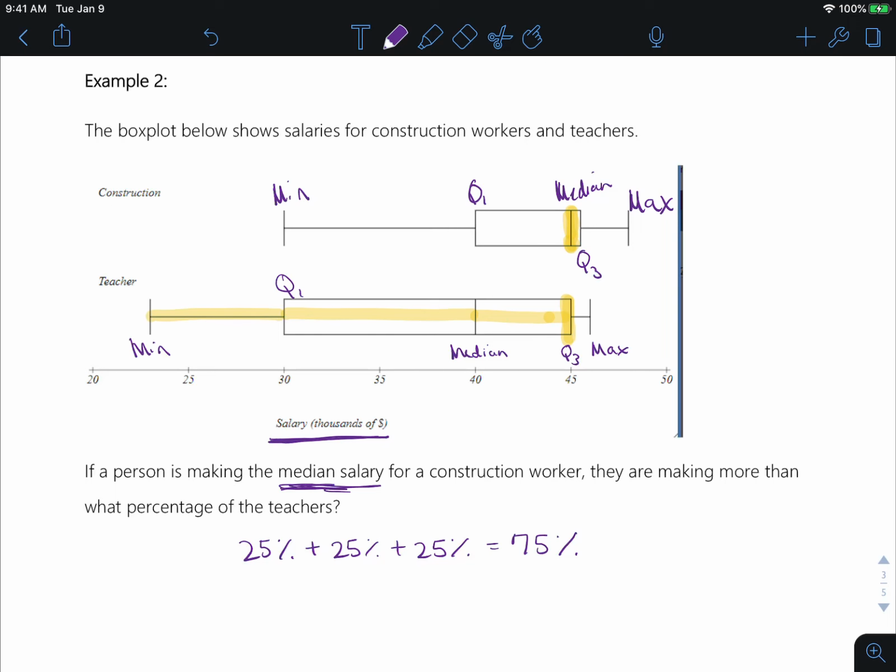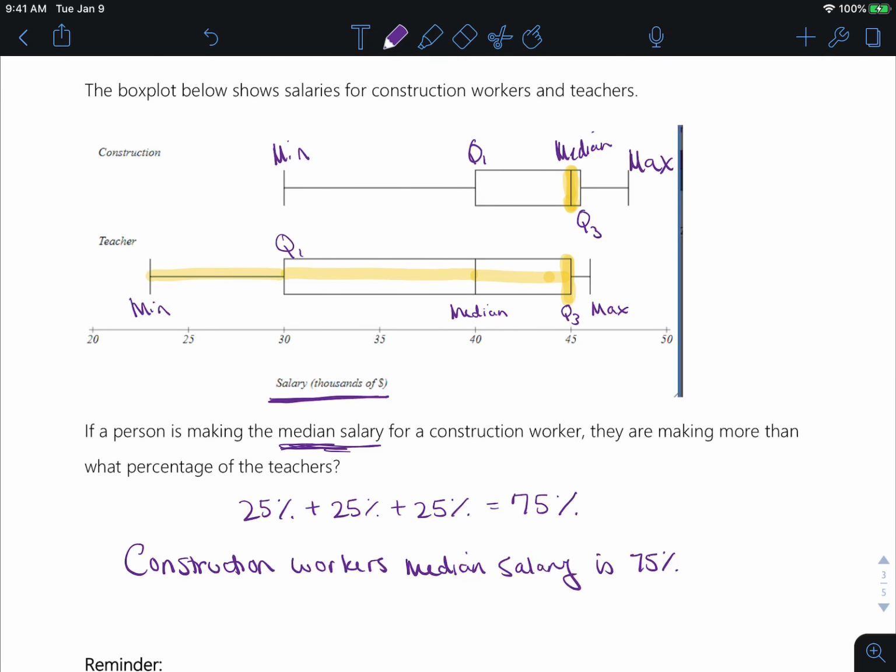So the construction worker's median salary is 75% more. They are making more than 75% of teachers.